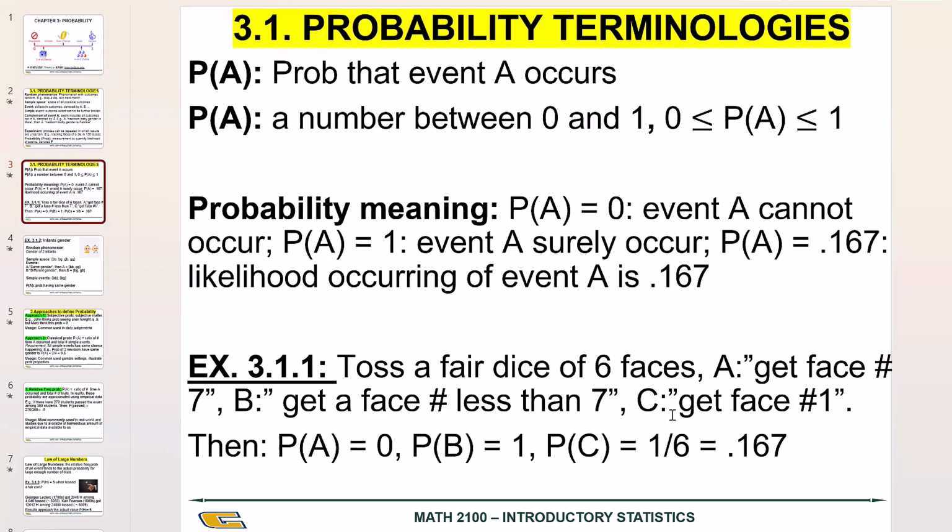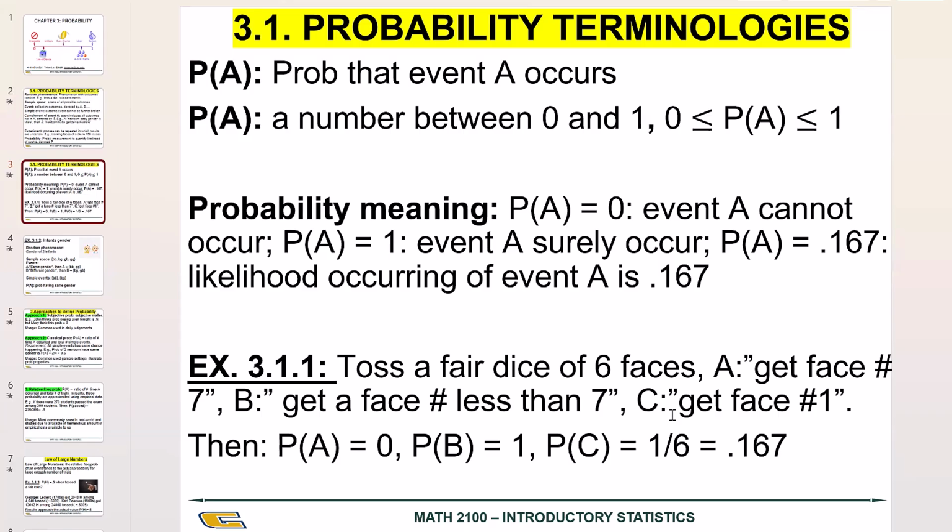And if you have an event with probability half, it means you have a 50-50 chance. Here is another example. If the probability of A is P(A) = 0.167, it means the likelihood of event A occurring is 0.167, or in percentage, about 16.7%.